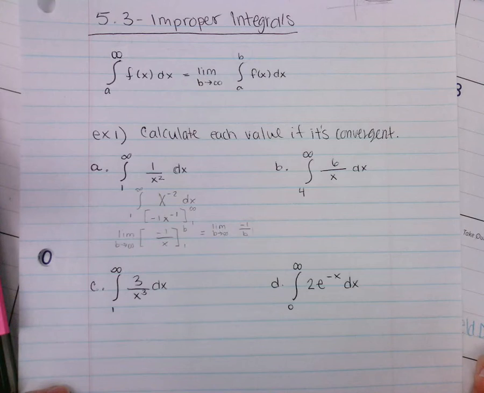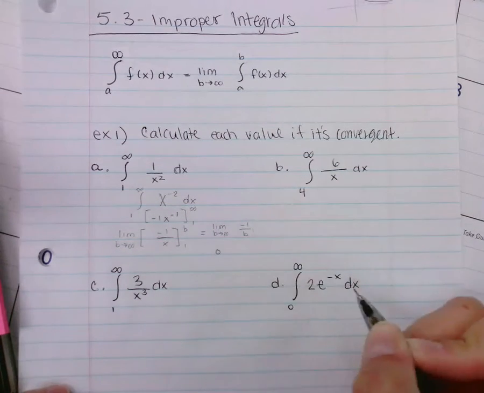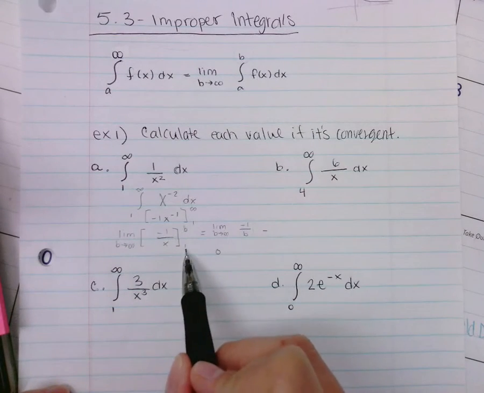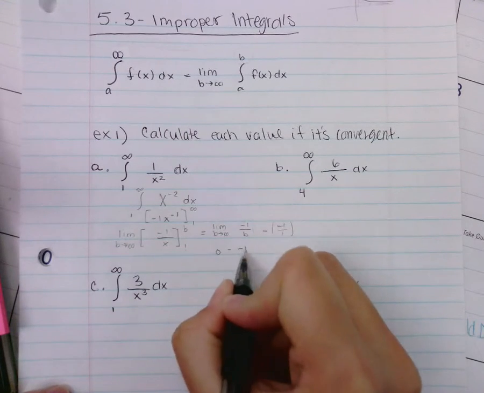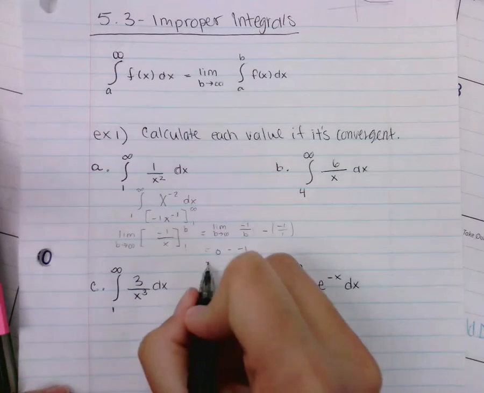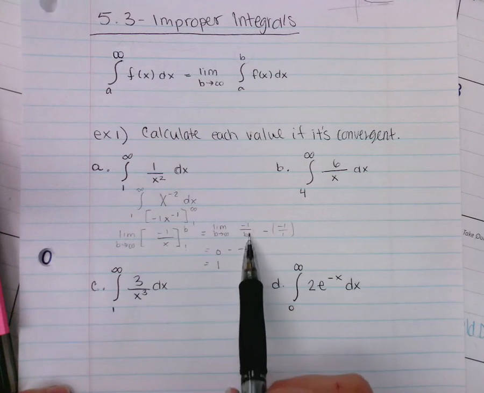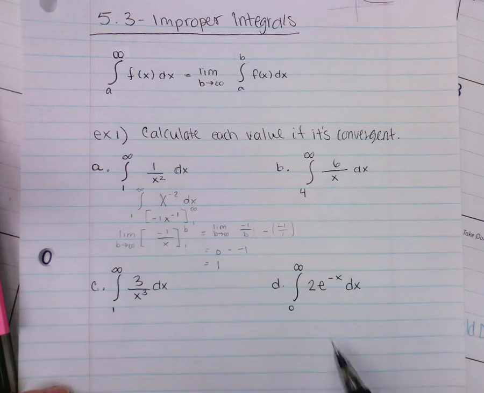So we say 0. So this is 0. And then you would subtract -1 over 1, which is just -1. So this simplifies to +1. Typically, you're going to get something about a 0, usually. Sometimes if there's e's involved, it might not be 0, but typically that's what happens with the x's.